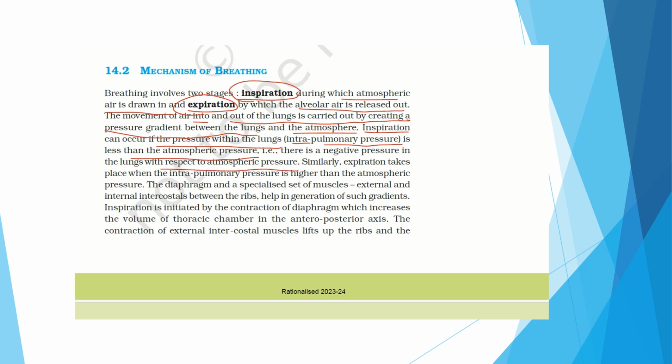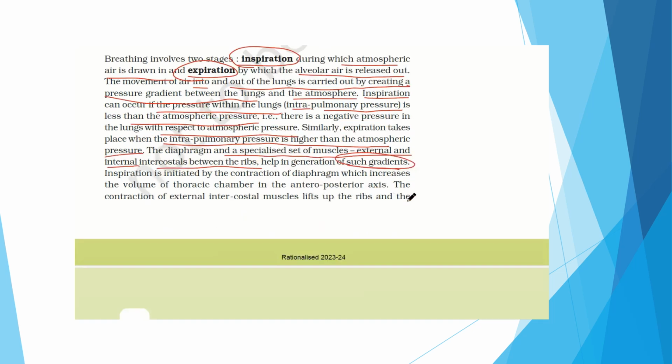Similarly, expiration takes place when the intrapulmonary pressure is higher than the atmospheric pressure, that is, the pressure inside the lungs is higher than the pressure in the outside atmosphere. The diaphragm and a specialized set of muscles, the external and internal intercostals between the ribs, help in the generation of these pressure gradients.